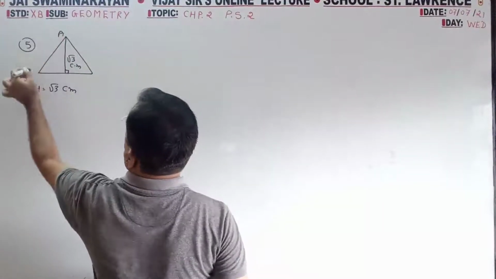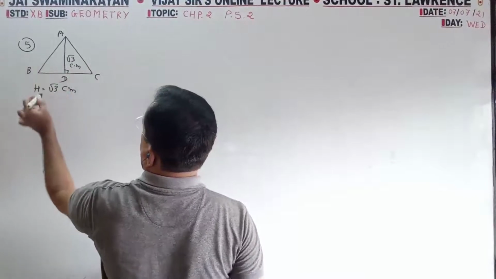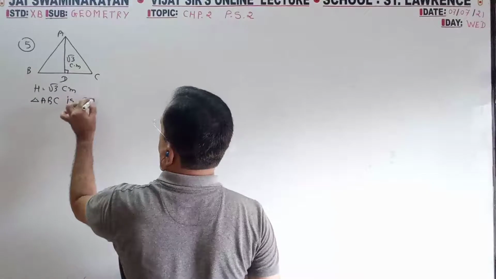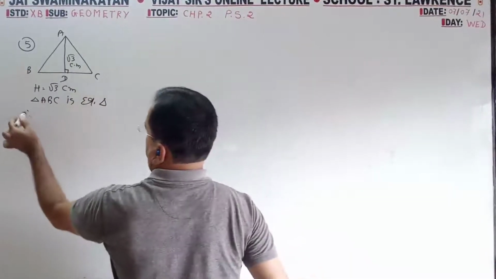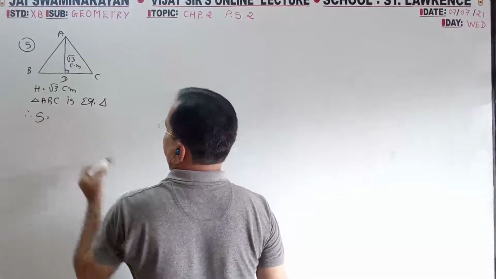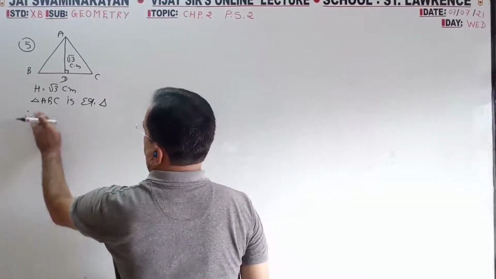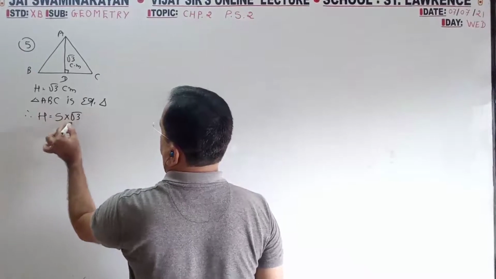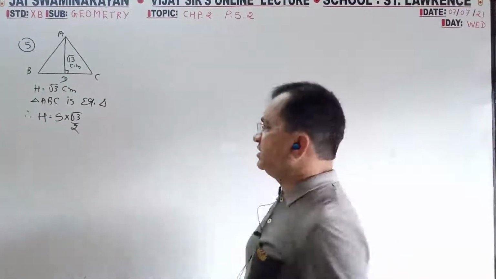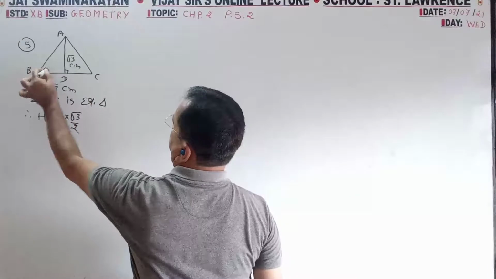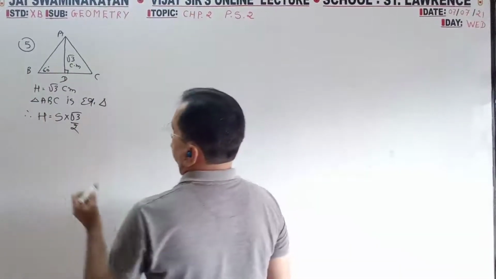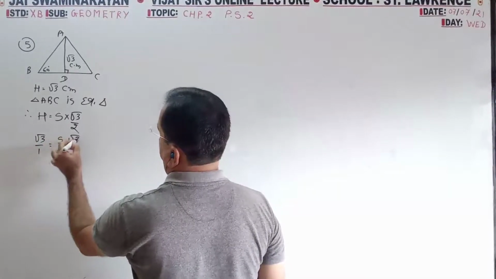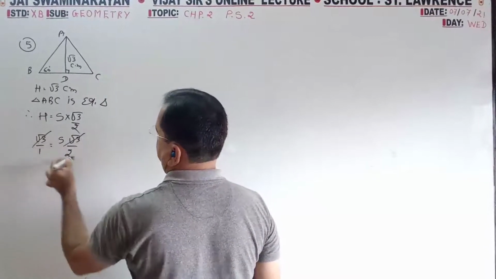Triangle ABC is an equilateral triangle. Therefore, height is equal to side into root 3 by 2, because it is equilateral, so it is opposite to 60. So height is given root 3 by 1, side root 3 by 2, root 3 cancels, cross product.